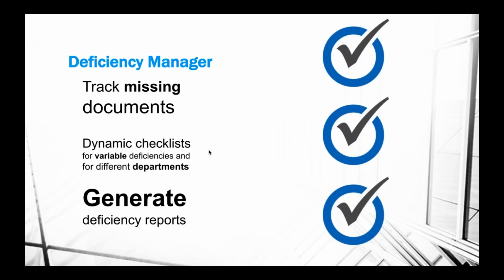Tracking missing documents applies to manufacturing. You don't want to start a process or start manufacturing an order until you have the PO and the specifications and drawings and all that good stuff. It applies to human resources, of course, for onboarding.